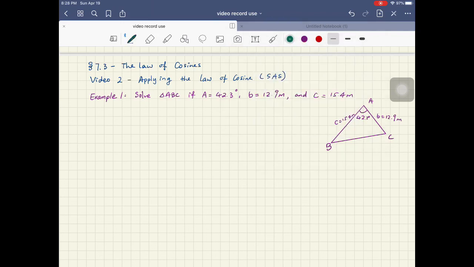We're still missing angles B and C, and we are looking for side A, so it's easier to start with the law of cosine.